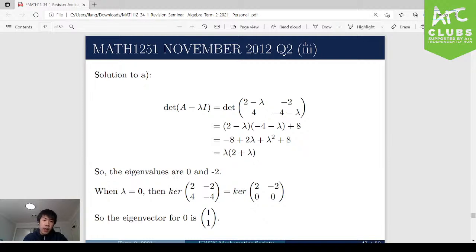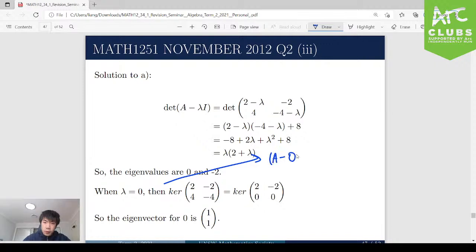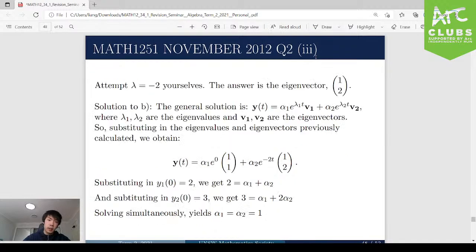For the eigenvalue lambda equals 0, you get the kernel of A. This is really just the same as saying 0 times I, v equals 0, and you're trying to find out what v is. This v is just some vector that sends you to the 0 vector in the codomain. Going through those steps, the eigenvector for 0 is (1, 1), and for negative 2, your eigenvector should be (1, 2).